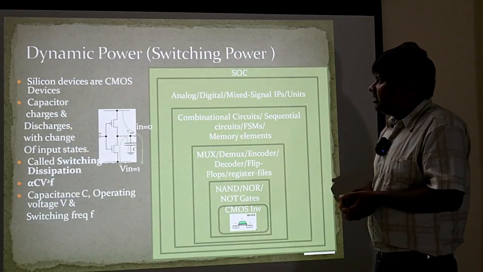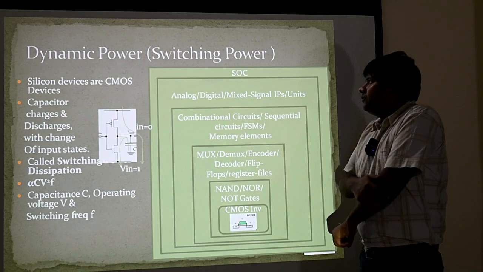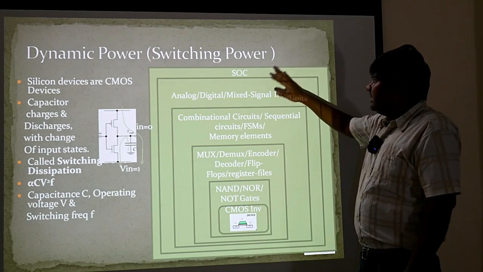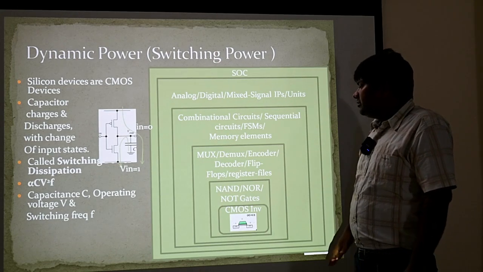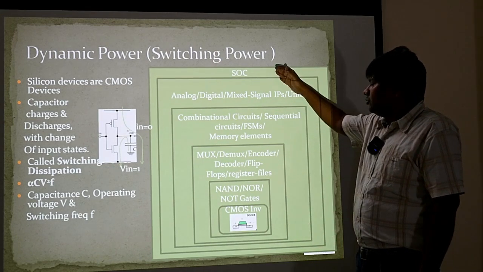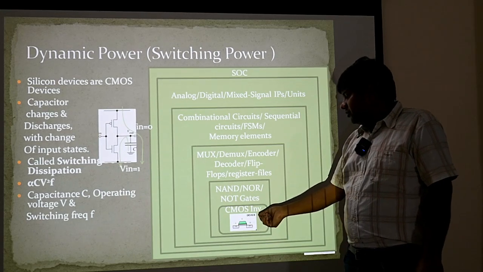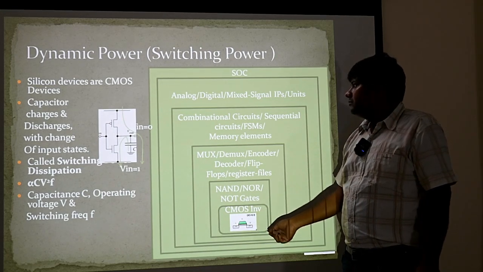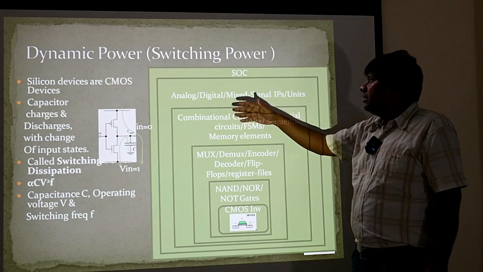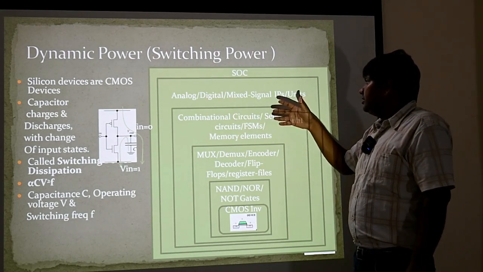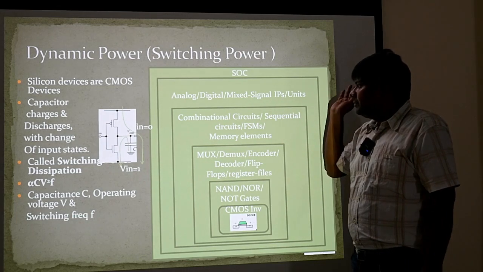So now let's start talking about the components of power dissipation in the SOC. As we were discussing, in this picture I just want to depict that ultimately that SOC is dependent on one small piece of hardware that is called CMOS. Those SOCs are built of multiple blocks, those IPs, those can be analog or digital, or mixed signal IPs.